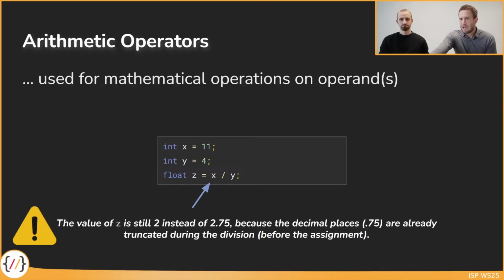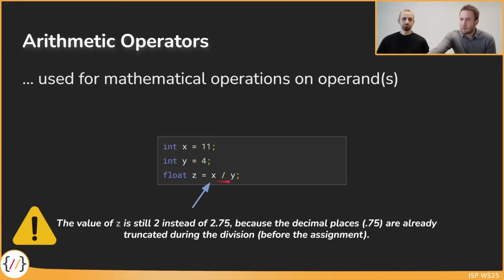We have to be careful again, because the value of this variable set is again 2 and not 2.75, although it's a float and it could store a floating point number. But why is that? The problem is that the decimal places are already truncated during the division process.